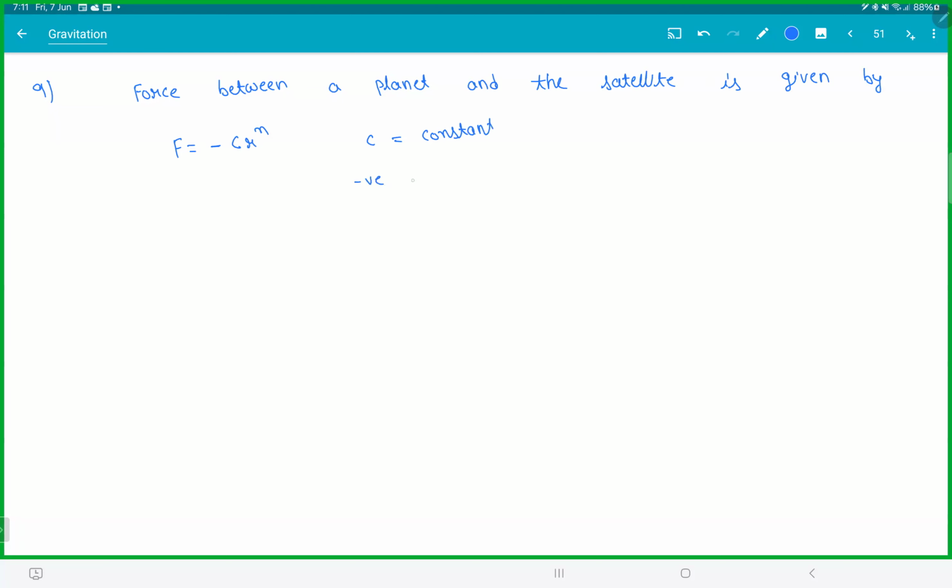Negative indicates attraction. n is some number. R is the distance from the center. So instead of GMm by R square, the force is some R power n. m is the mass of the satellite.